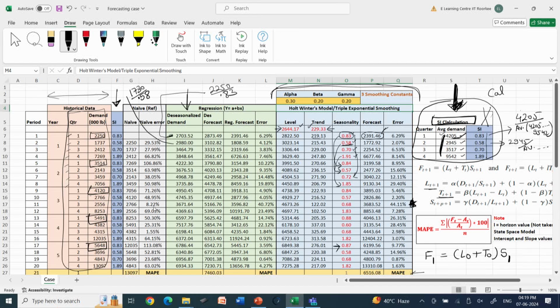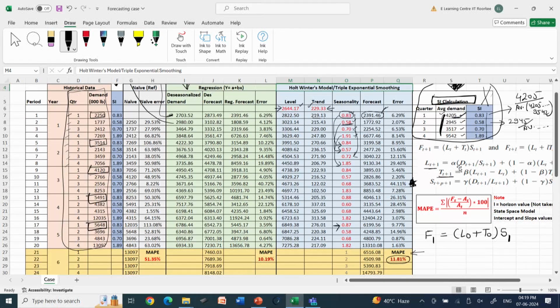On the other hand, you have the regression method and the Winters method, which are more or less equally powerful. In the regression equation, we develop y equals a plus b x, where x is the period and y is the forecast. As the period changes, we get a new forecast.